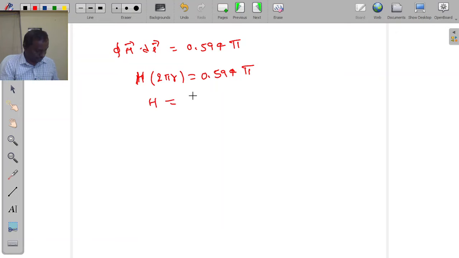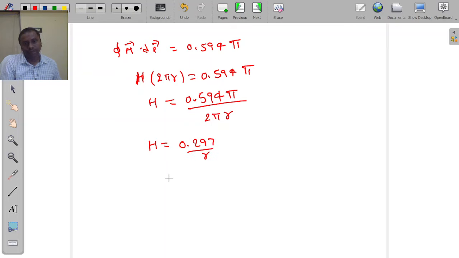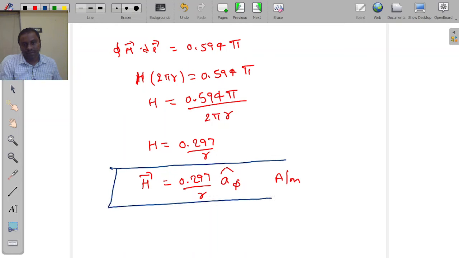From this, h is equal to 0.594 pi divided by 2 pi r, or you can say that h is equal to 0.297 divided by r. In terms of the vector, 0.297 divided by r into unit vector along the phi direction. This is ampere per meter. This is the magnetic field intensity, ampere per meter for r greater than 0.5 meters.